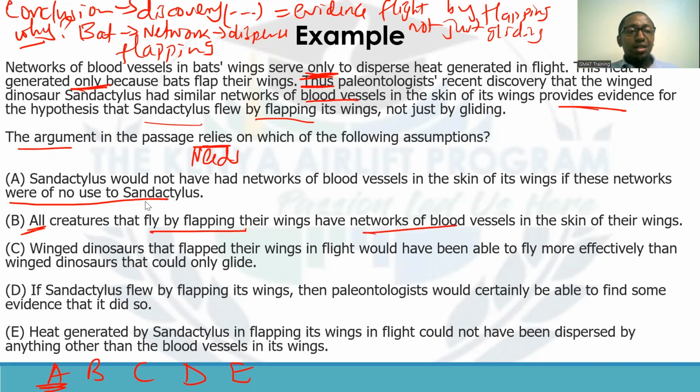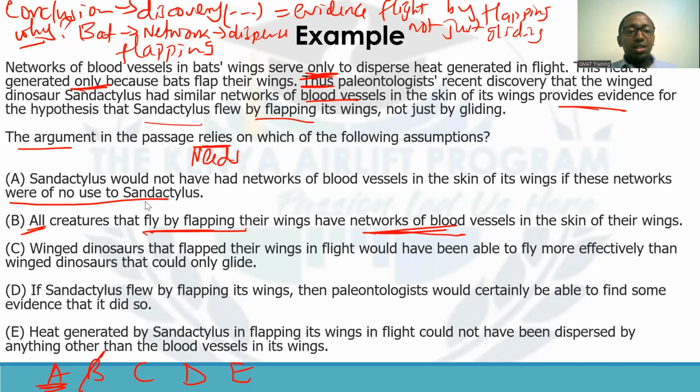It doesn't say that all creatures that have networks of blood vessels in the skin of their wings fly by flapping. So it's just the reverse. It's like using the desired result as evidence of the cause. So for that reason, B is out.